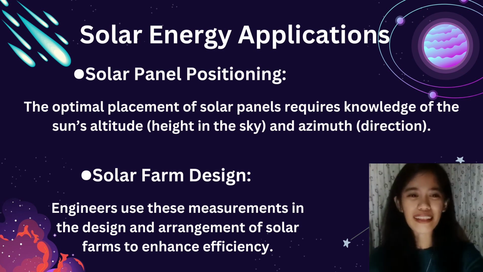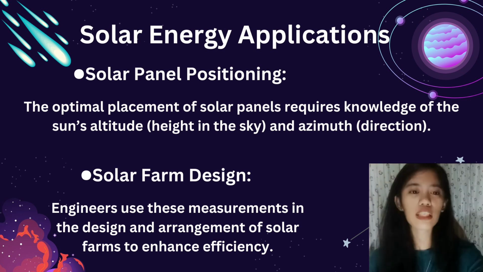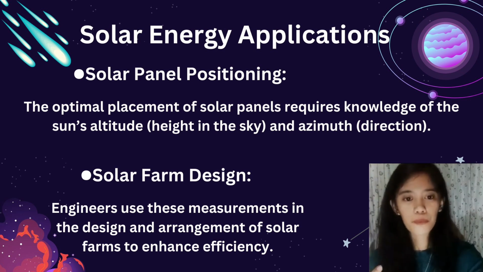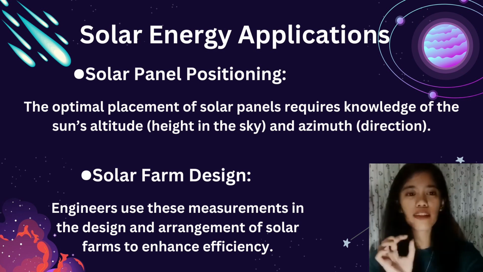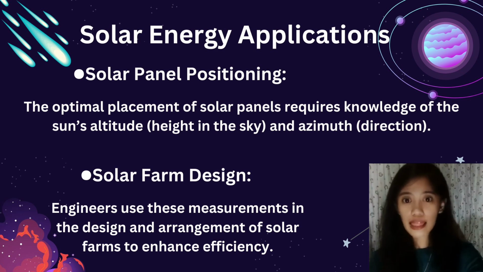By understanding and applying these concepts, engineers, designers, and homeowners can significantly increase energy production, contributing to a more sustainable energy future through advancements in solar tracking technology and predictive modeling. The effective implementation of altitude and azimuth measurements is essential to the success of solar energy applications in the ever evolving energy landscape.